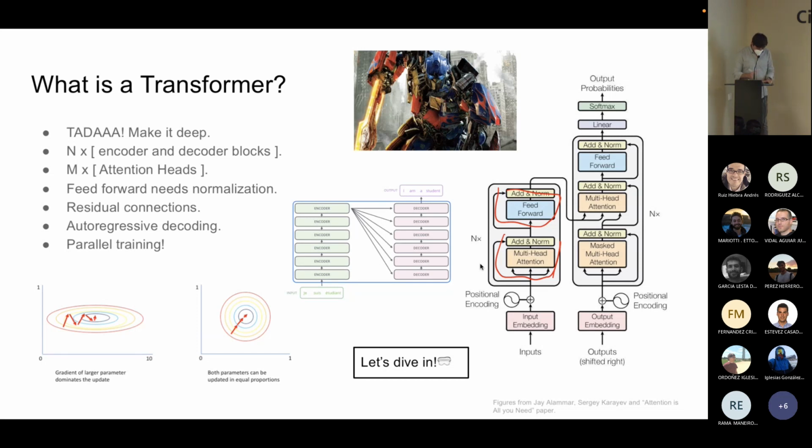It is also called a deep neural architecture because it is really deep, in the sense that all of these blocks are stacked. There is not just one. There is one, and after that one, another, and another. For example, 10 of them.